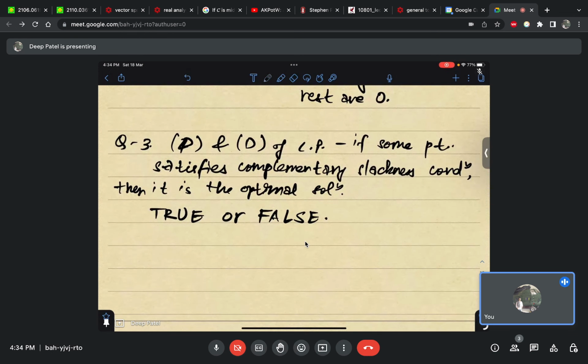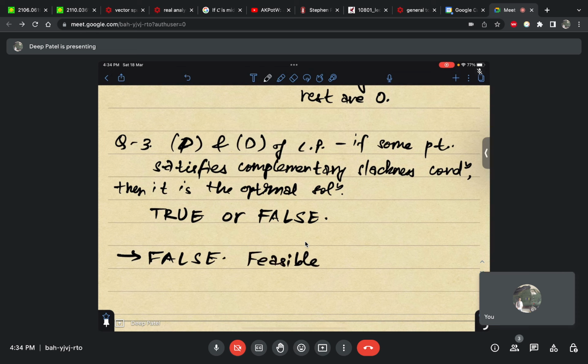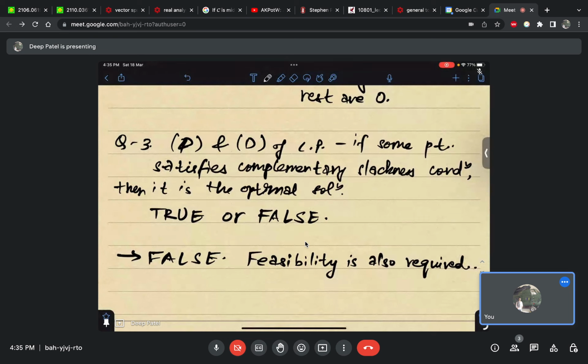See, the point is again the same, which is that feasibility always has to be checked. That is the catch. Feasibility is also required. It means they must be in the feasible sets of the primal and the dual, plus they should satisfy the complementary slackness conditions, right?